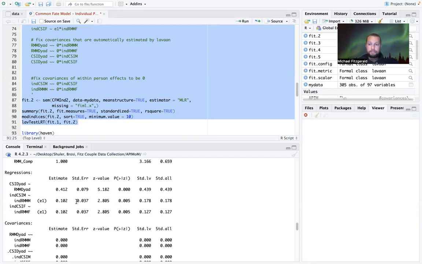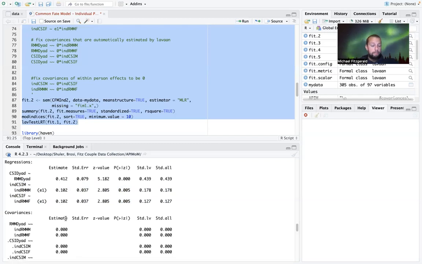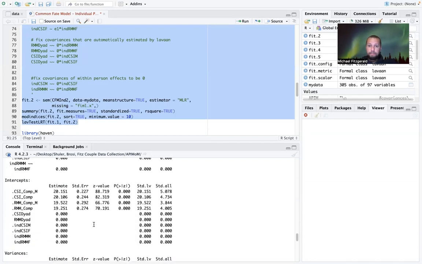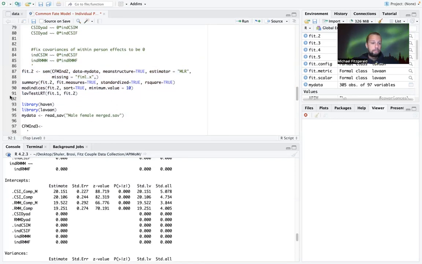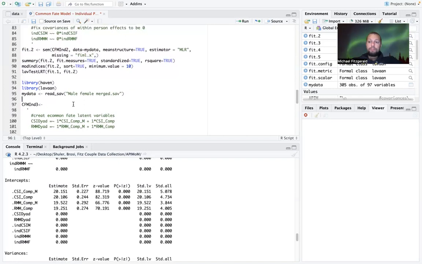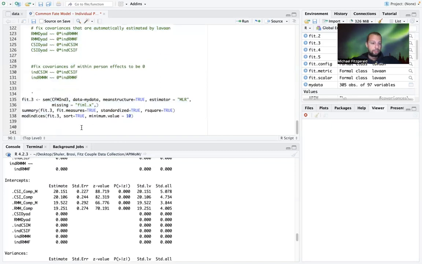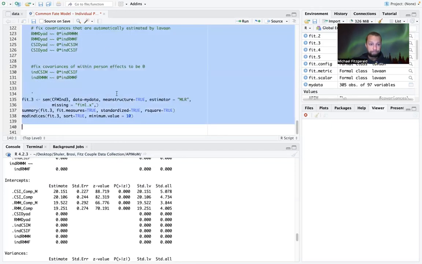The standard errors get a little unwieldy, where you'll have a parameter estimate of 0.52 and a standard error of 0.40, and it'll be non-significant because there's a lot of imprecision there. But essentially, this is the common fate model with individual parameters and a couple of other extensions, other things that you can constrain to equality to elucidate your hypotheses and to provide some more nuance to the things that you are studying.